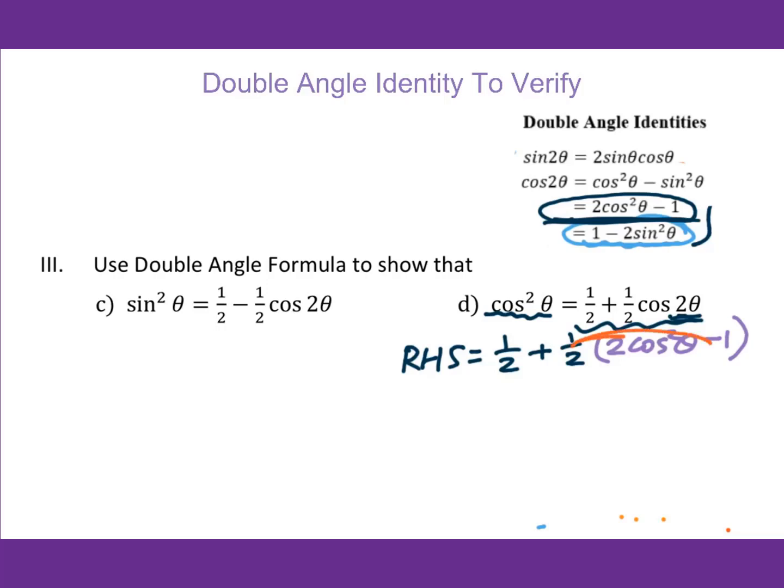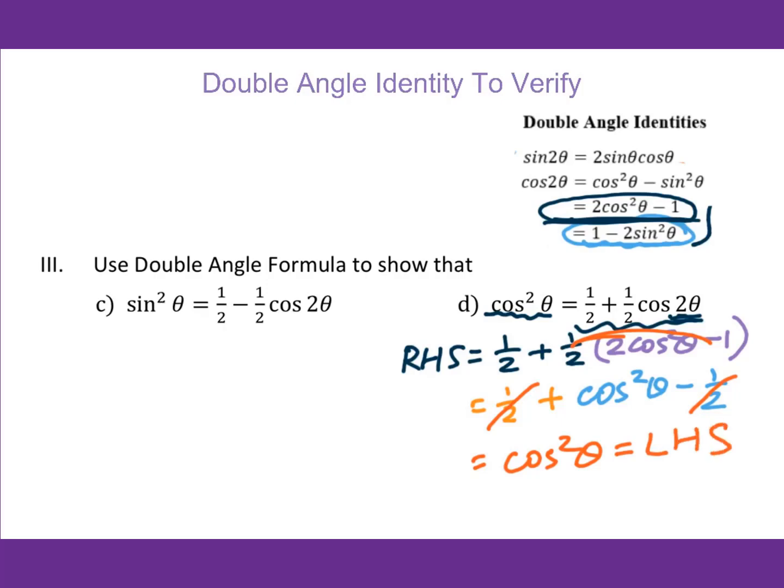Then we do the distributive property. You will get 1 over 2 plus 1/2 times 2, that's 1 cosine squared theta, minus 1/2 times 1, that's 1 over 2. Combine like terms, it's gone. So you get cosine squared theta, that's the left hand side.